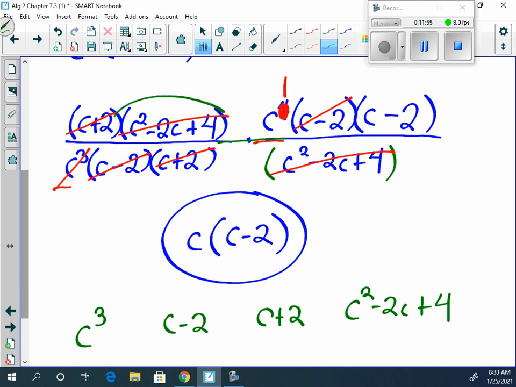Well, where did we see that? We saw it right here as part of the sum of perfect cubes, yes? Now, I said, and we went over this the first time, would this ever be factorable? Well, no. The quadratic that comes out of a sum or difference of perfect cubes is never factorable.